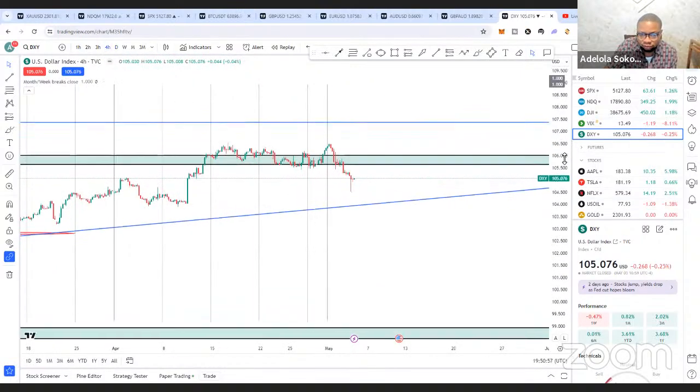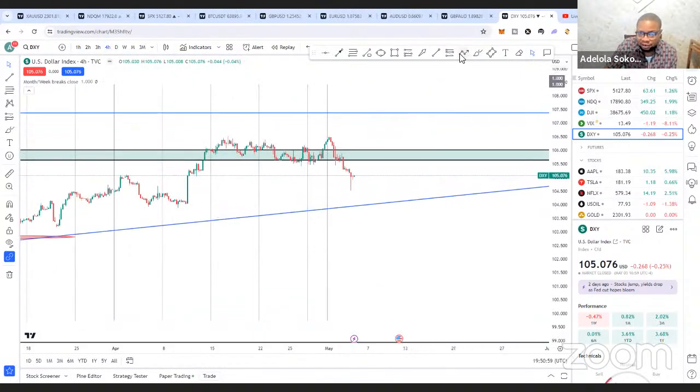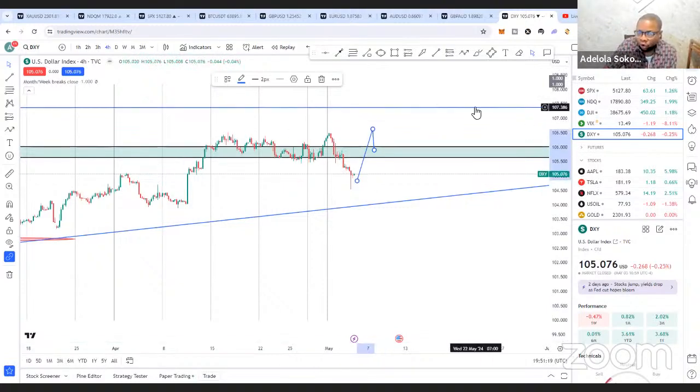If I see price come toward this area, and I see a massive pullback, then I'll be taking a sell. Then my stop loss will be above this area. But I don't trade the dollar index, so I'm just giving a trading idea. Or another way some people trade, if you want to counter trade, is to wait for price to.